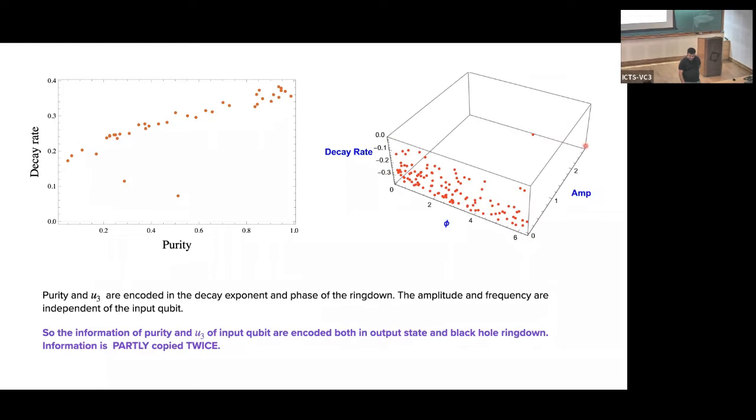The amplitude is independent. The frequency is the Rabi frequency. And this decay rate actually encodes the purity. So essentially the story is that information of purity is encoded both in the output state and the black hole ring down, and information is partly copied twice. Okay, so this is what I want to say.